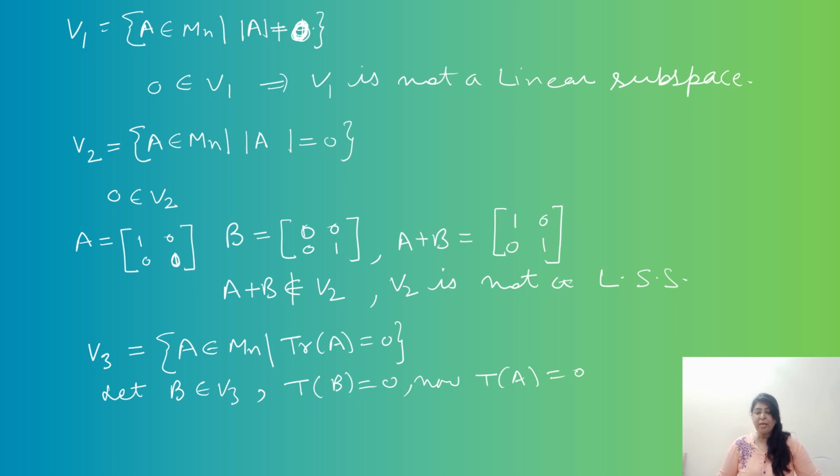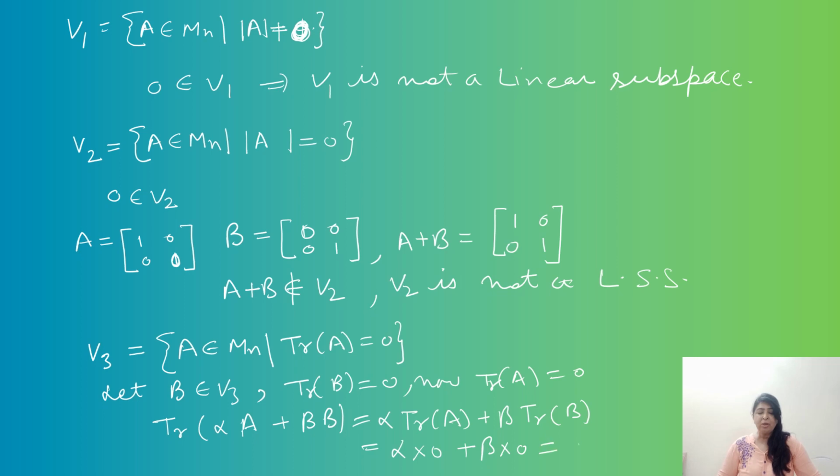I will try to find the trace of alpha into A plus beta into B. This is equal to alpha trace of A plus beta trace of B, which is equal to alpha into 0 plus beta into 0, which is equal to 0.